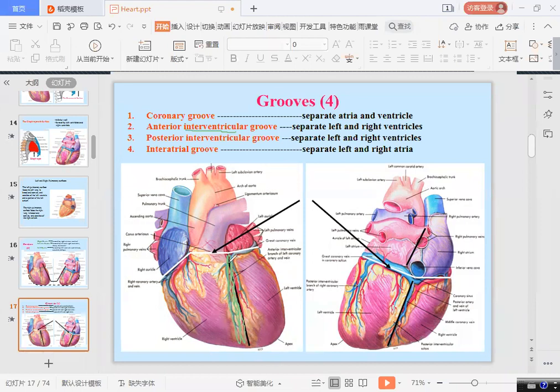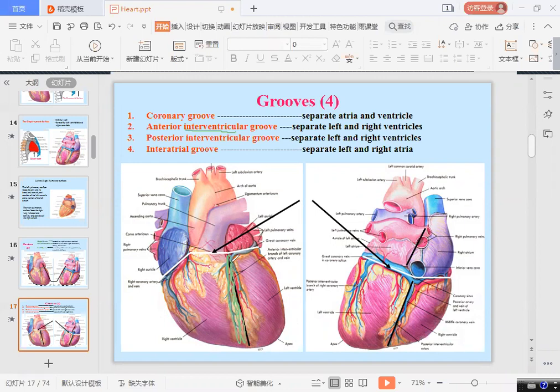This interventricular groove runs on the interventricular septum. What is a septum? The separation between the left and right ventricle we call the interventricular septum.